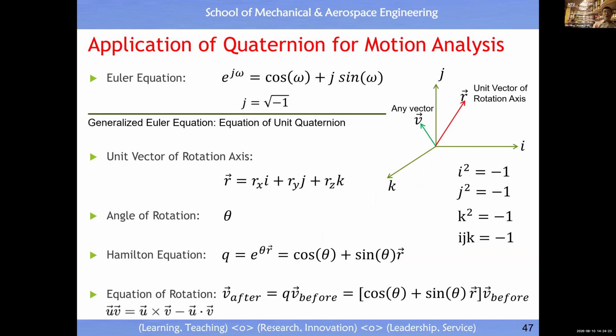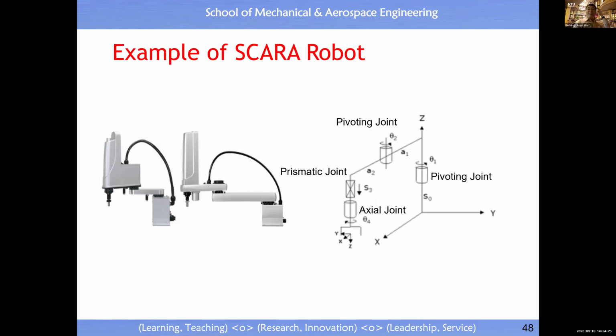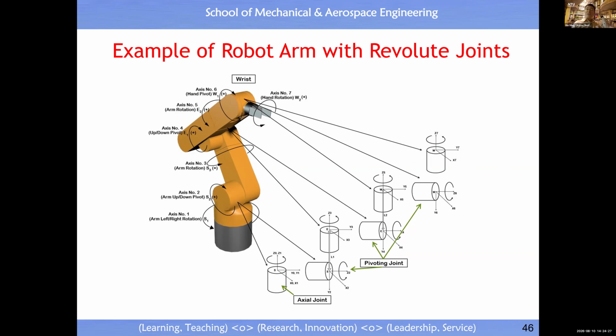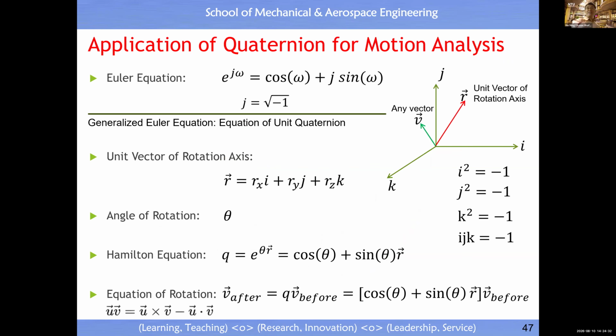And how to represent a motion which rotates about the axis? There's a very interesting mathematical tool which is called a quaternion, right? This is background knowledge for you to know. And interestingly, this is linked to what you have learned in control theory. In control theory, you have the Euler equation, right?